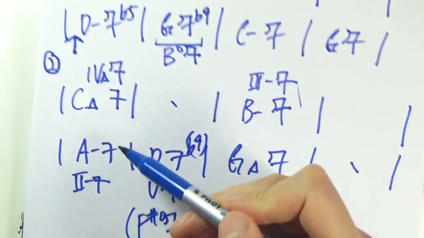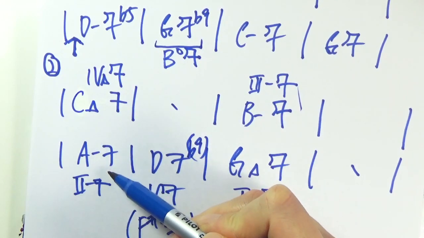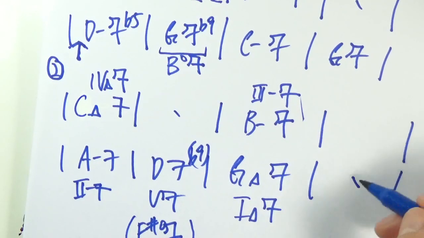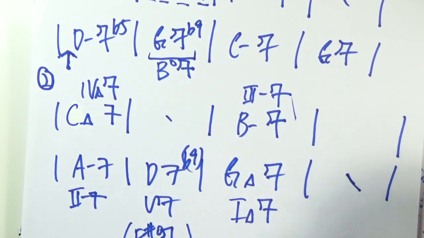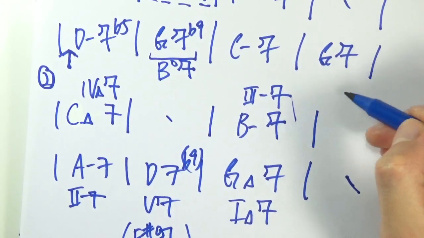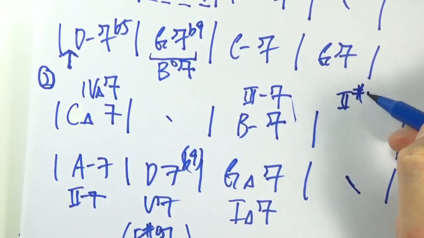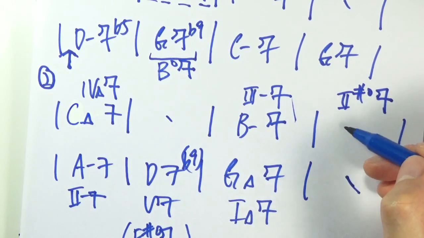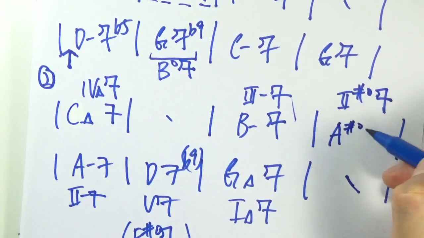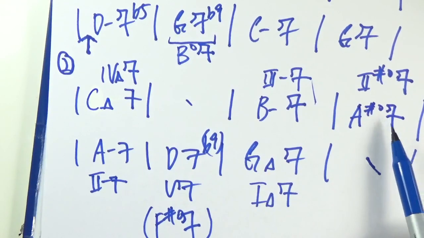And take a look at this 2 chord. In jazz music and also in classical music, one very specific use of diminished 7 chord keeps coming up. It is the sharp 2 diminished 7. We discussed that in the last video. So you can put down A sharp diminished 7 here, and this is a passing chord.